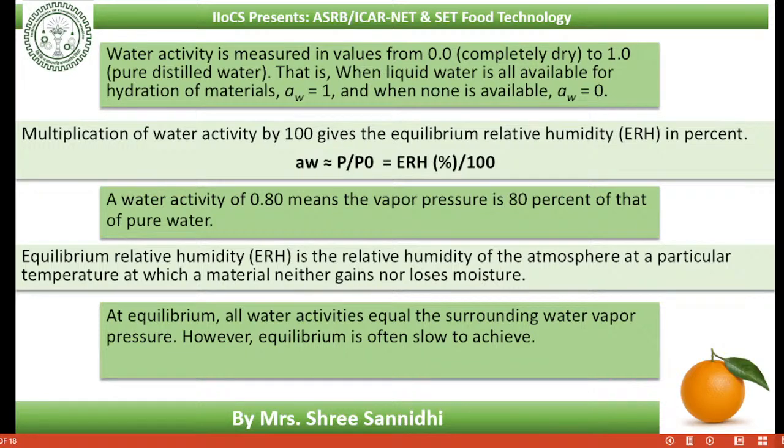So when the moisture content in the air and the food becomes equal, that is when you attain the equilibrium relative humidity. During this, when the moisture content is equal, there is no driving force to push the water out or to get the water in. That's why there is neither a loss nor a gain of water or moisture.